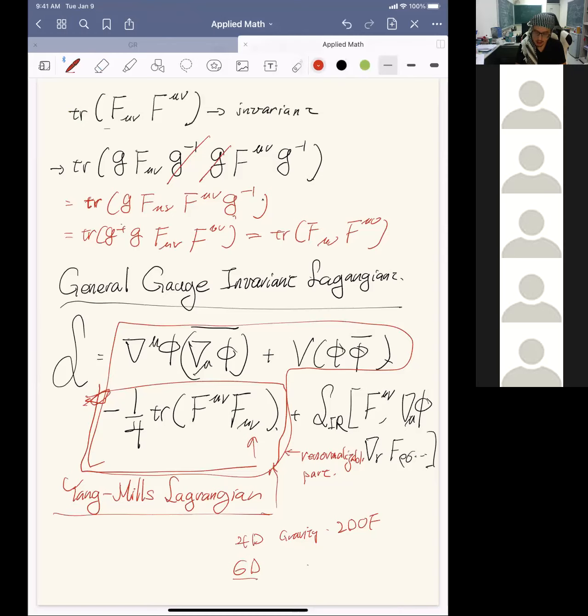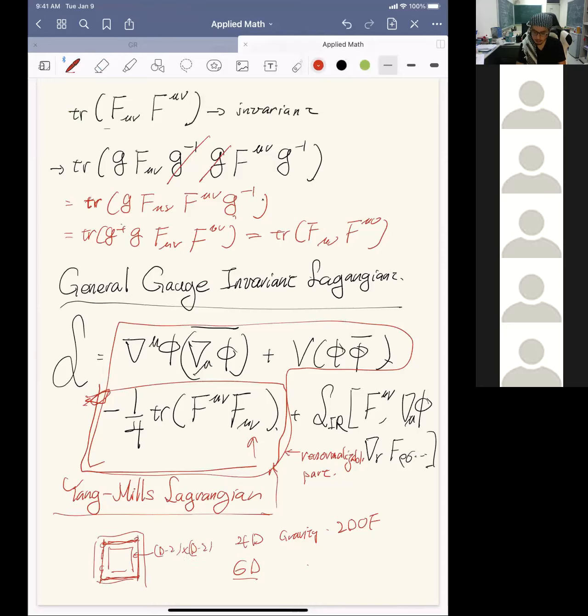So in 6D, remember, in the end, you can always use gauge fixing to fix the gravity to just remaining, to fix the first and the last column to be 0, and the first and the last row to be 0. Then that means that this matrix is a D minus 2 times D minus 2 matrix, right?